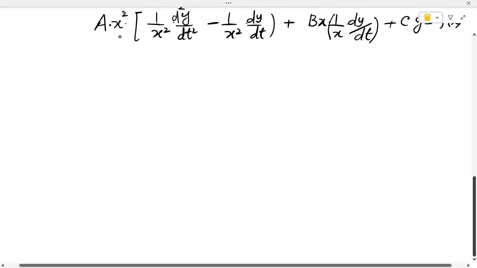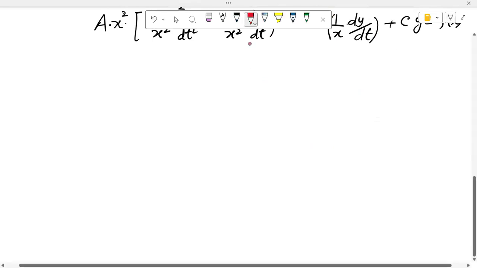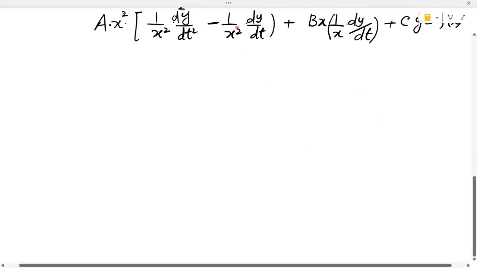This can be simplified. x squared will be cancelled in the first expression.